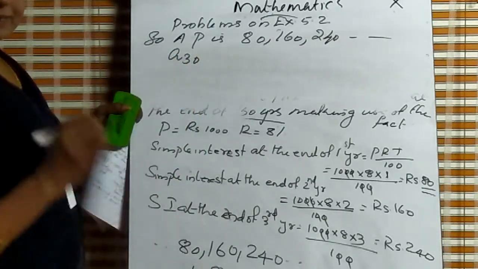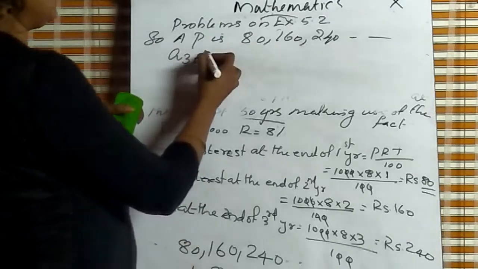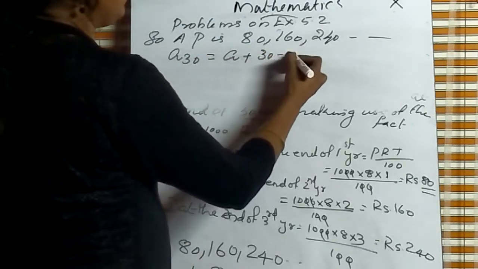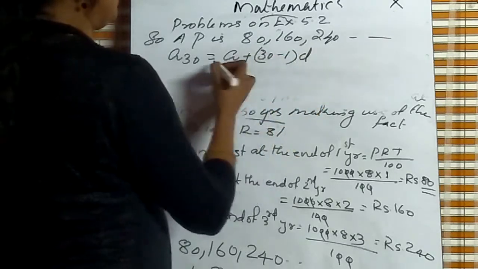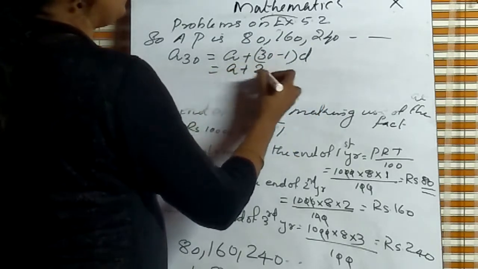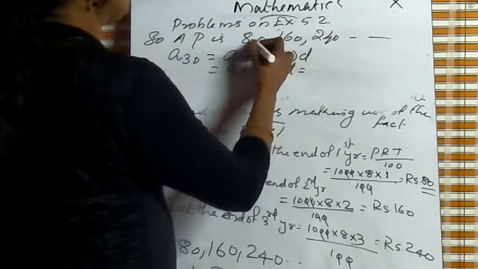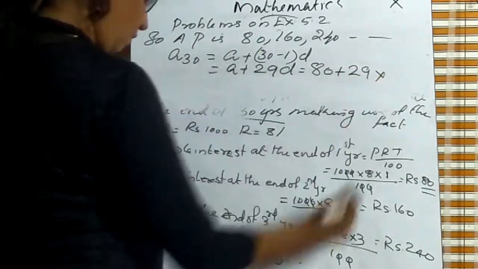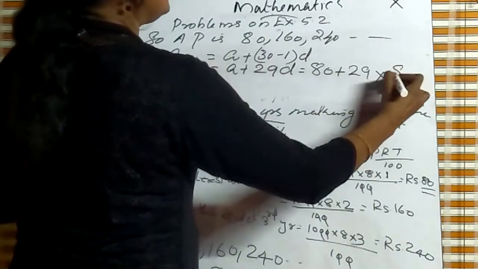We have to find interest at the end of 30 years, which means A30 is equal to A plus 30 minus 1 into D, equals A plus 29D. What is A? 80, plus 29 into what is D also? 80.